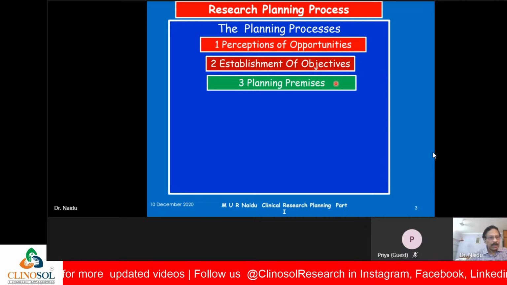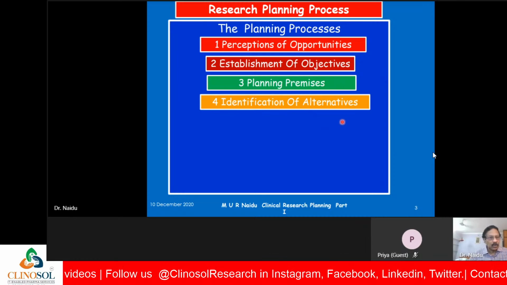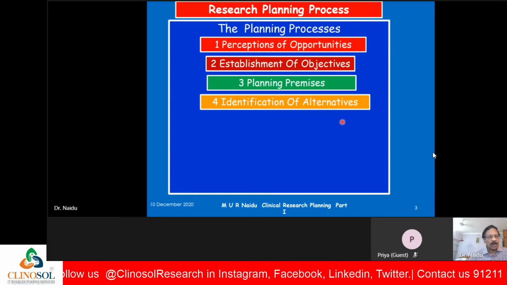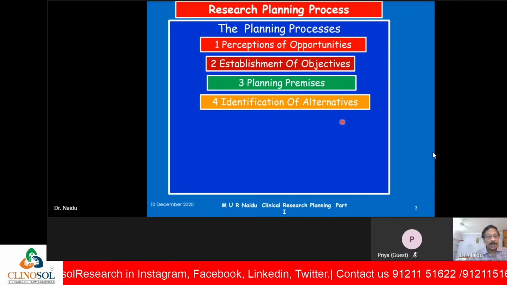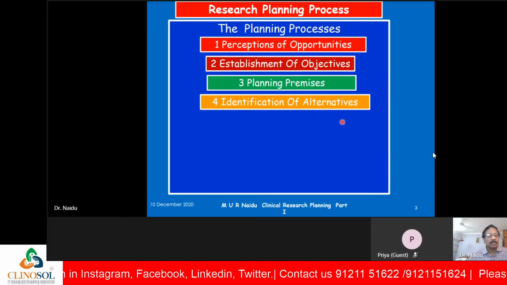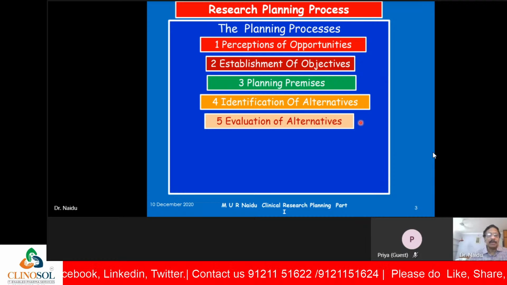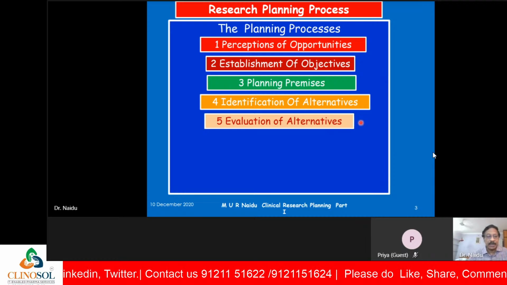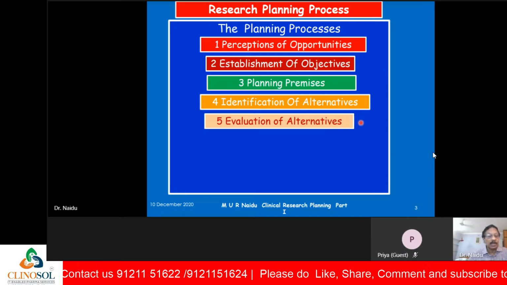Identify the alternatives, because whenever you are doing clinical research, it is not necessary that what you are planning is going to happen. Some issues may come, so identify the alternatives and be ready with them. Evaluate the alternatives. You may have 1, 2, 3, 4 alternatives. Which alternative is very feasible for you, very cheap?